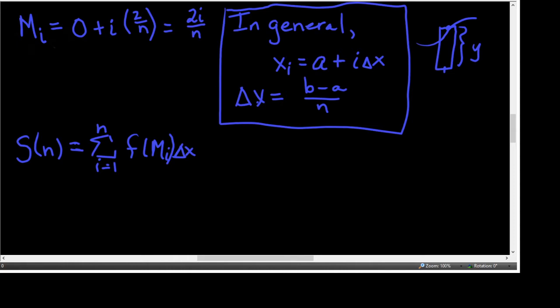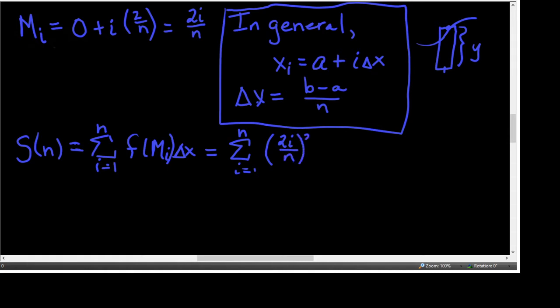So in this particular problem, that ends up being, since our function is the squaring function, we'll take our capital M sub i, which is up to the left, that 2i over n, and that's our input, that's our x.